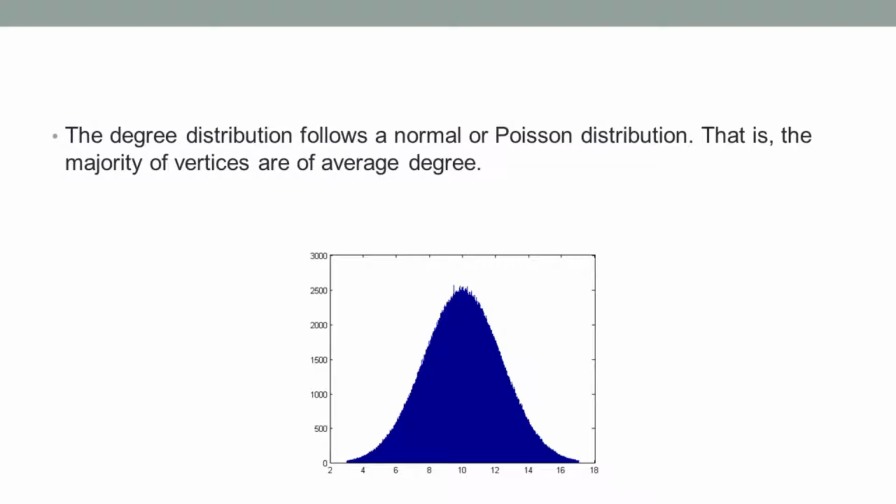So the degree distribution follows a normal distribution. For example, if the average degree is 10, then most of the vertices would obtain that average. You would have fewer and fewer that are below average and fewer that are above average.